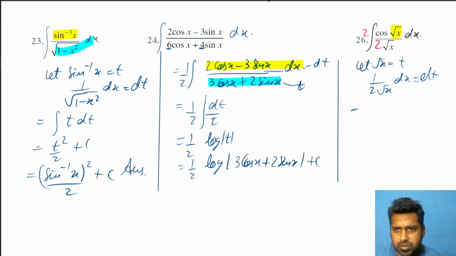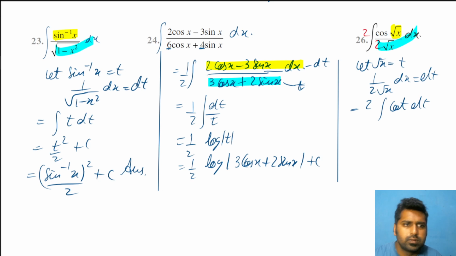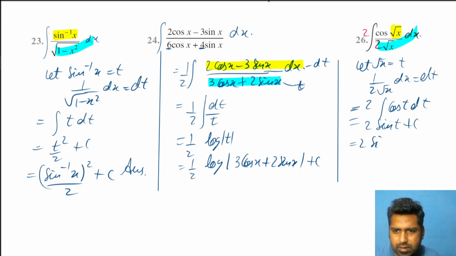So now you have the question 2 cos t, and this whole thing becomes dt. Cos t dt. What is the integration of cos? That's sine t. So 2 sine t plus c, 2 sine root x plus c.